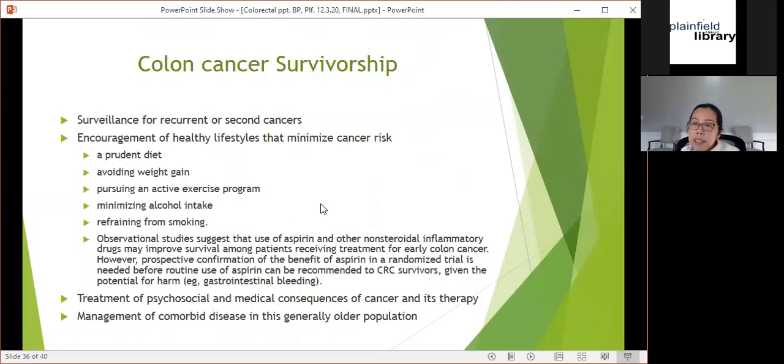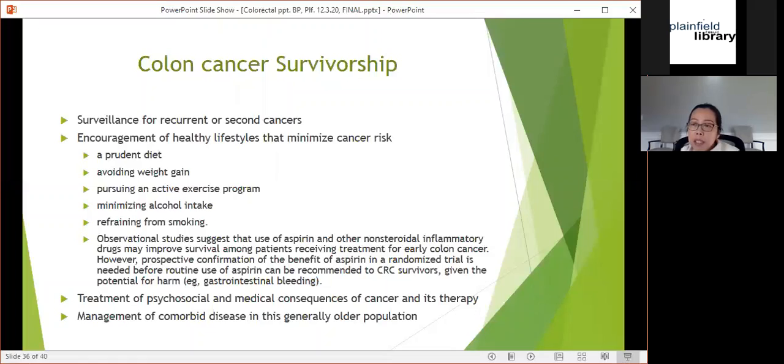Observational studies suggested that use of aspirin and other NSAIDs may improve survival among patients receiving treatment for early colon cancer. However, prospective confirmation of the benefit of aspirin in a randomized trial is needed before routine use of aspirin can be recommended to colorectal cancer survivors, given the potential harm, mainly GI bleeding.